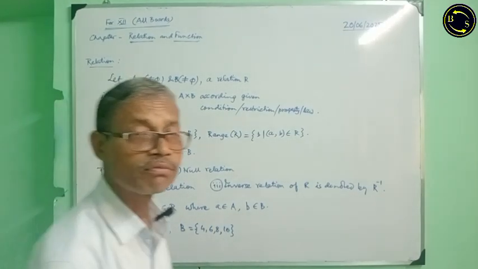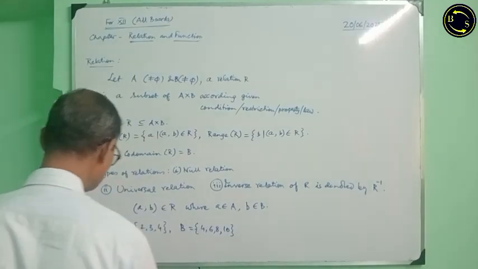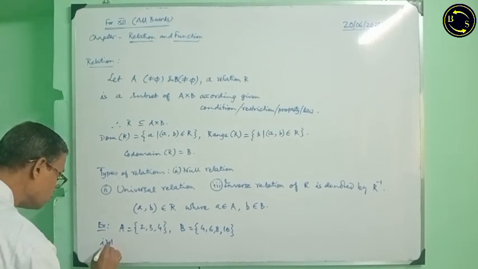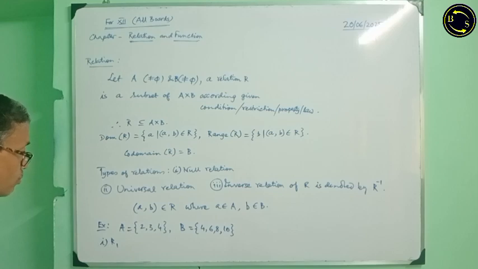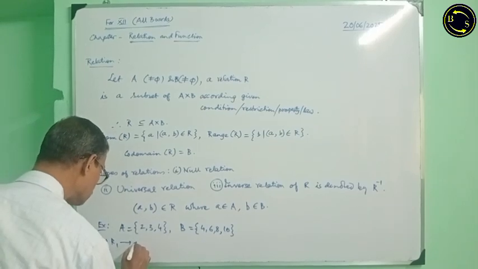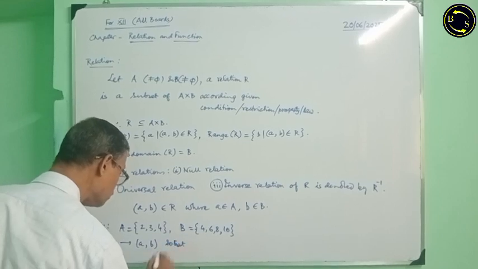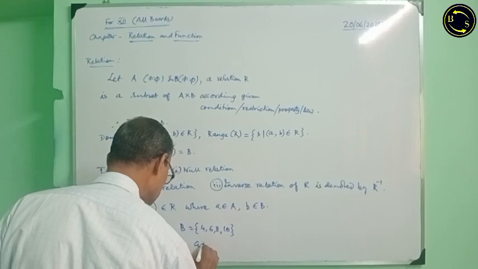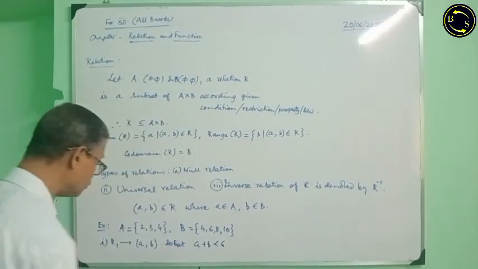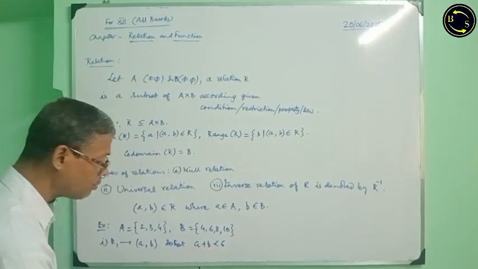B is a set having members 4, 6, 8, 10. Now, relation having ordered pair (A, B) such that A plus B less than 6.